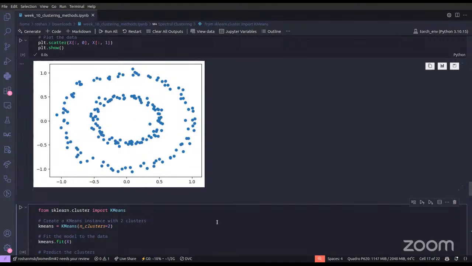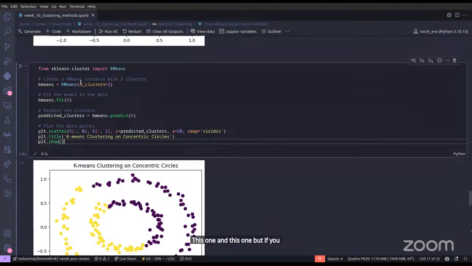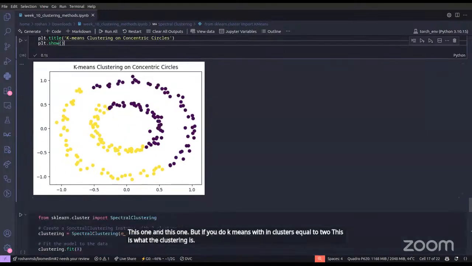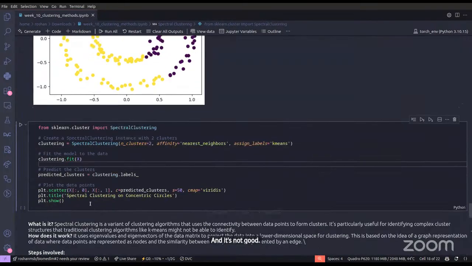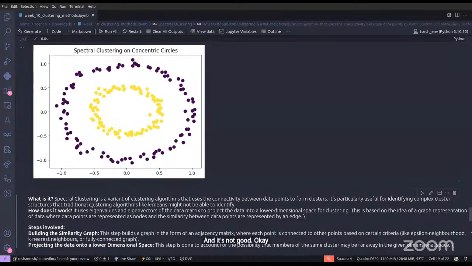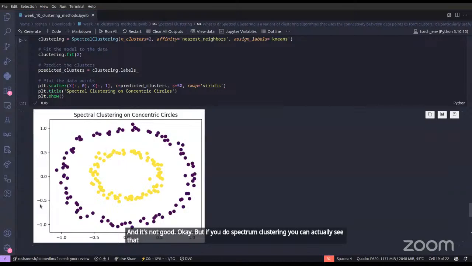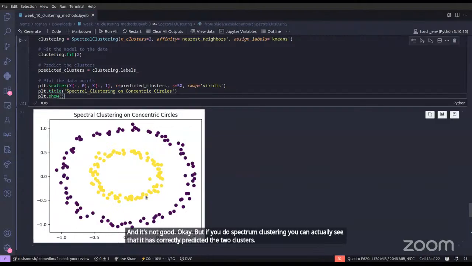This one and this one. But if you do k-means with n clusters equal to 2, this is what the clustering is. And it's not good. Okay. See, if you do spectral clustering, you can actually see that it has correctly predicted the two clusters. Okay.